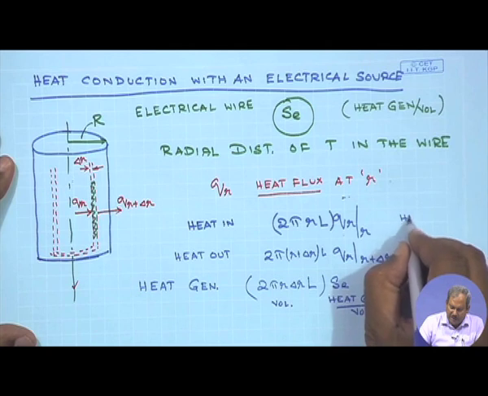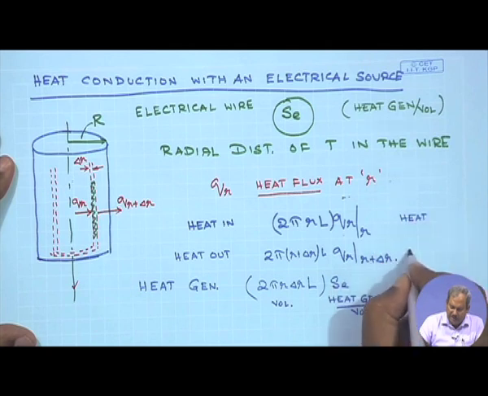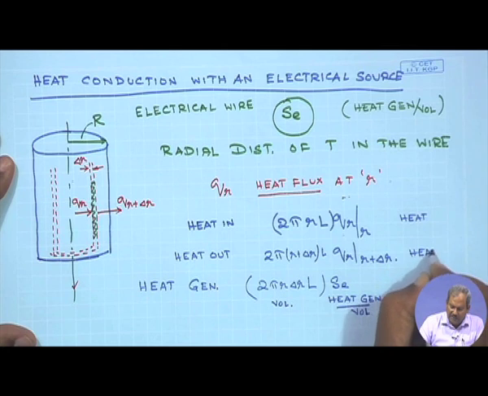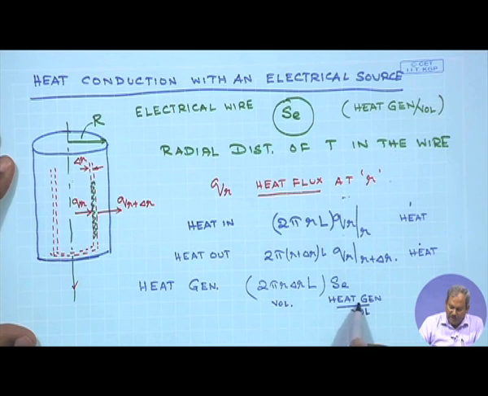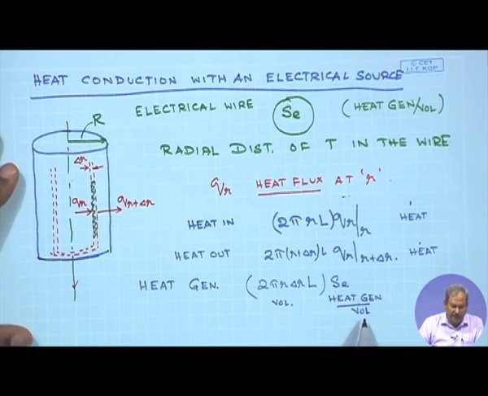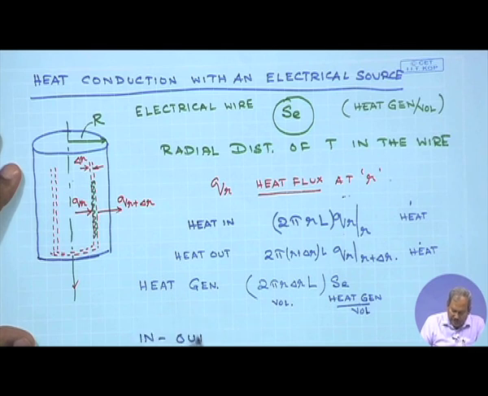And these are all rates: rates of heat coming in, rates of heat going out, and rates of heat which are generated in here. So what you do is you write this equation, in minus out plus generation is equal to 0 at steady state.